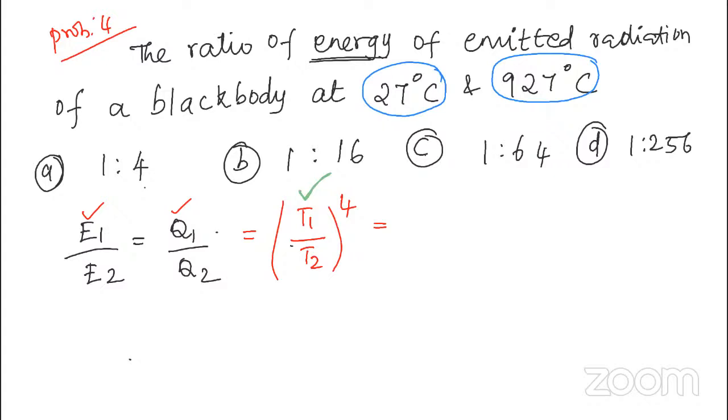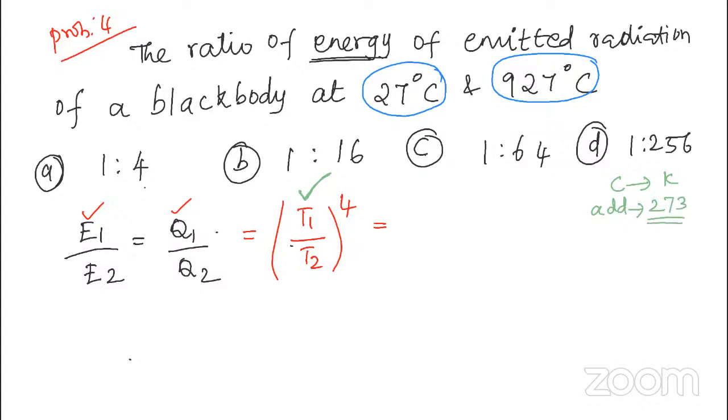Yesterday itself I told you that if you convert Celsius into Kelvin, you have to add 273 to the given value.